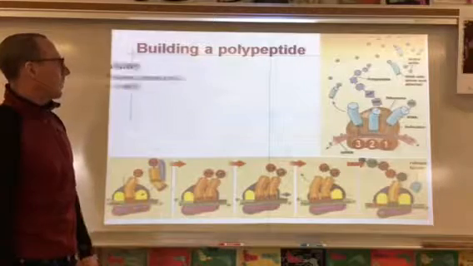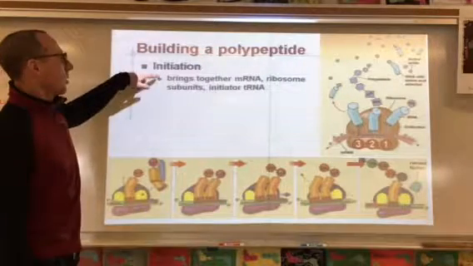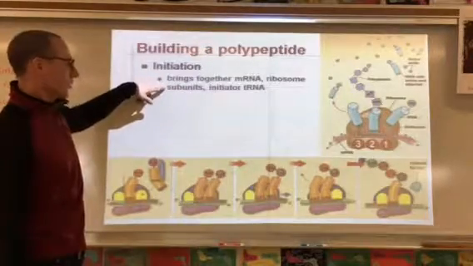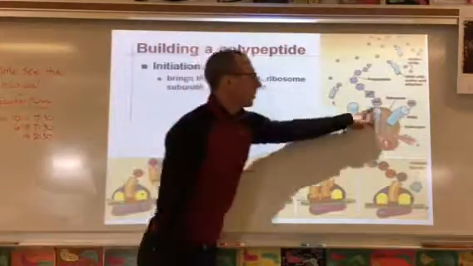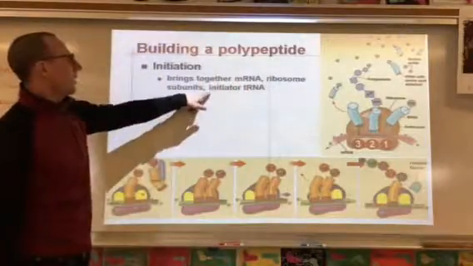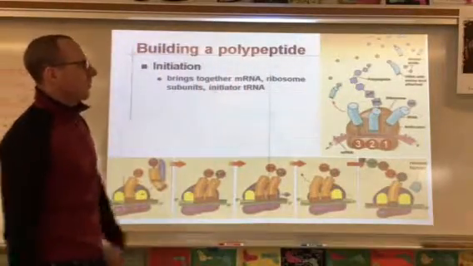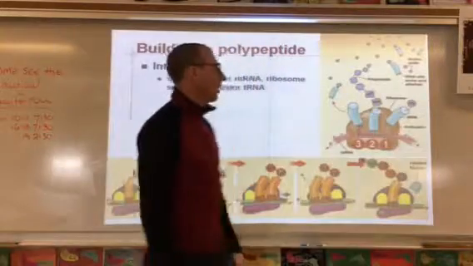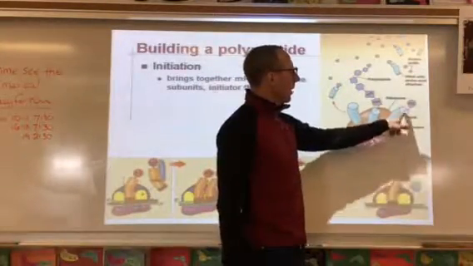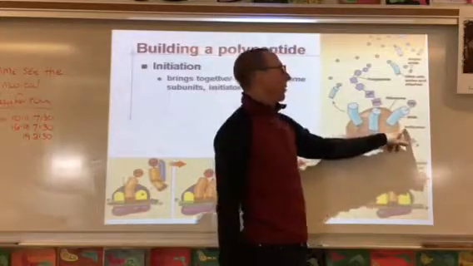For building a polypeptide, initiation brings together messenger RNA, the ribosomal subunits, there's two, a large subunit and a small subunit, and then the initiator tRNA, okay, which is this. And now notice that these three little letters, here's the codon, and on the bottom of the tRNA, we have the anticodon, okay?